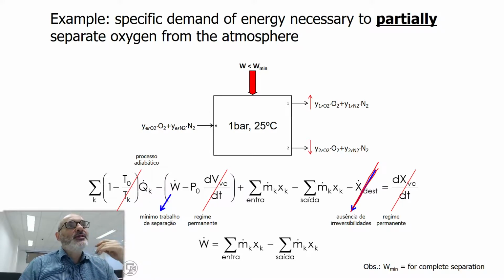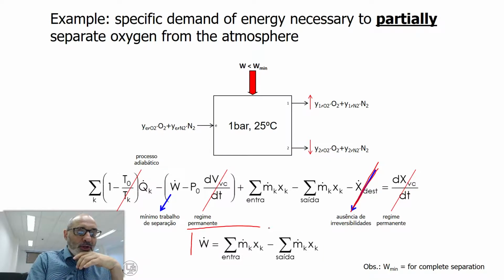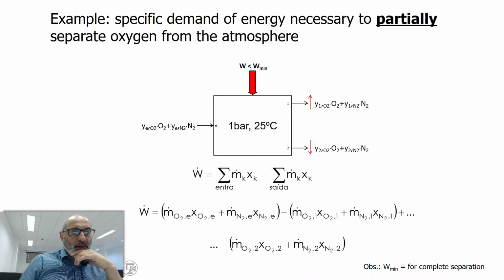There is no chemical reaction, no supersonic flow, no supersonic shock waves. So minimum, no exergy destruction. We get the same equation actually, and we apply this the same way we apply in this case. So now we get this expression.